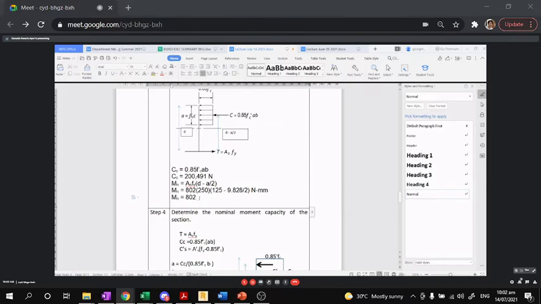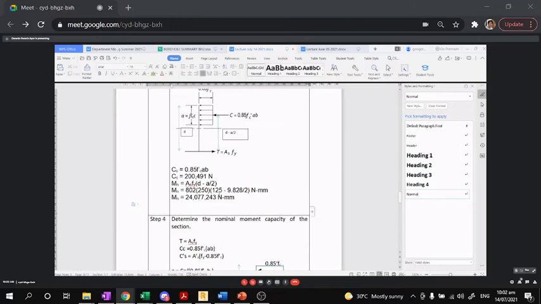Is equal to 24,077,243 Newton-mm. So convert that first, now it is 24.077 kilonewton-meter.